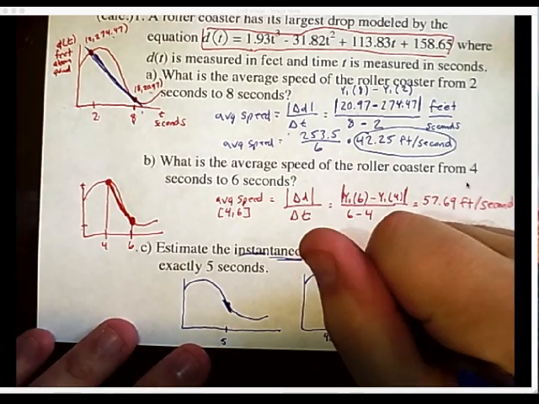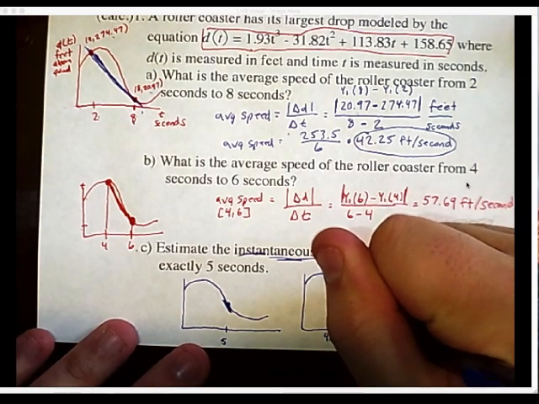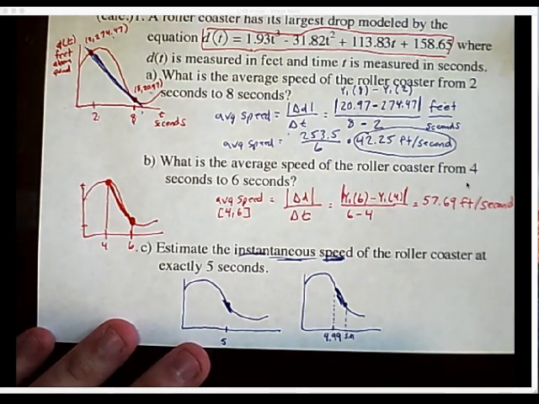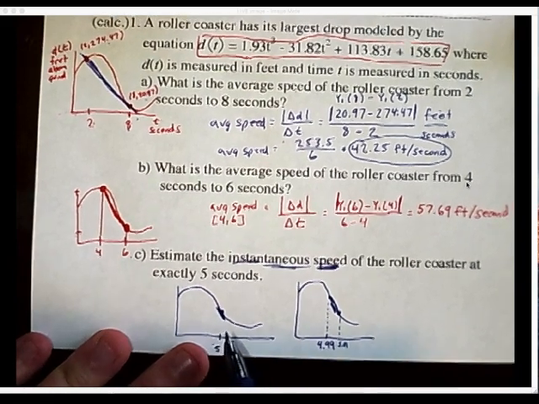The slope of this secant line is going to be very, very close to the slope of that tangent line. So if you get really close, the estimate of that slope would be close to the actual slope. That's the best way to do it.